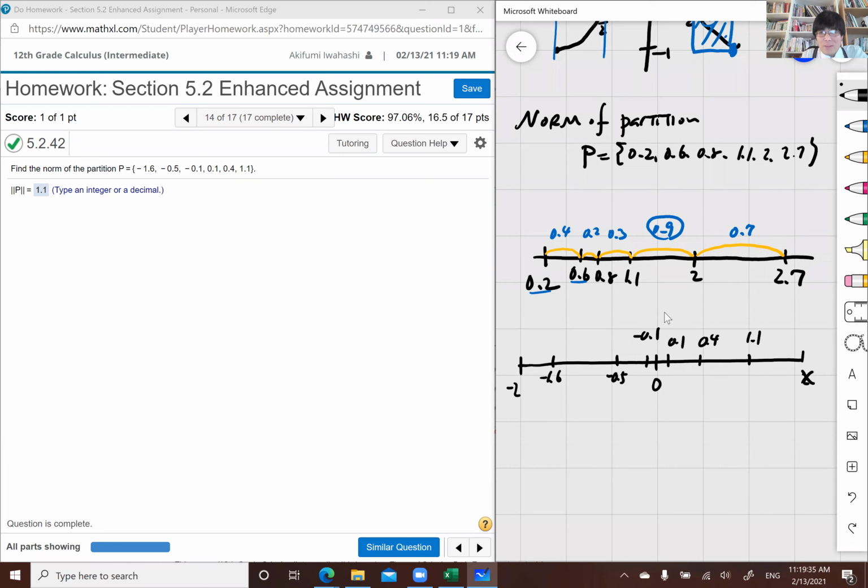We are not going to count this. So this distance is 1.1, which is long. Next one is 0.4. Next one is 0.2, 0.3, and 0.7. So this is the largest. So that's going to be the norm for this partition.